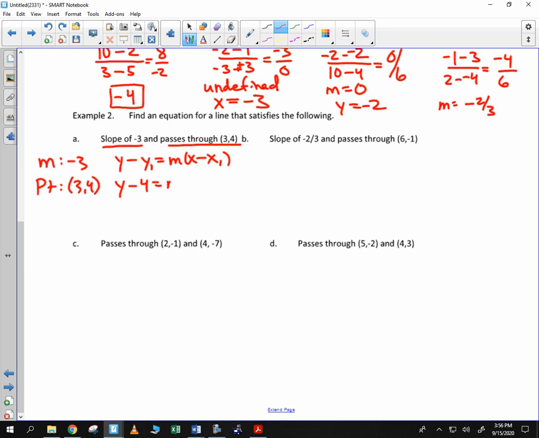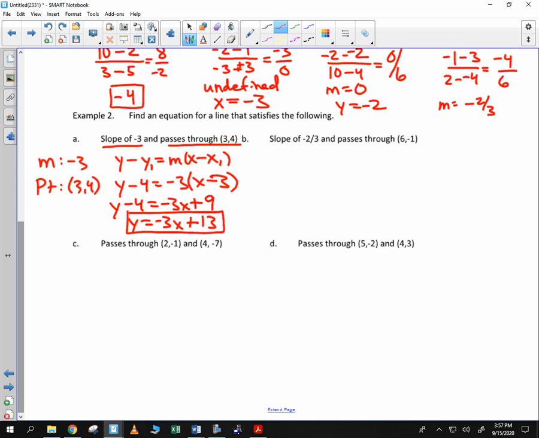My slope is negative 3 times x minus 3. Sorry about that. So y minus 4 is equal to negative 3x plus 9. Add the 4, y equals negative 3x plus 13. That's the equation for my line.